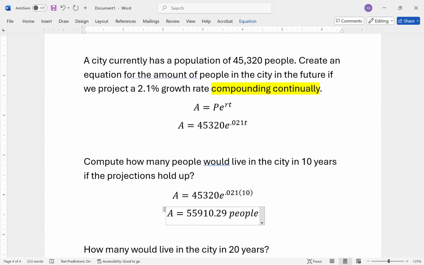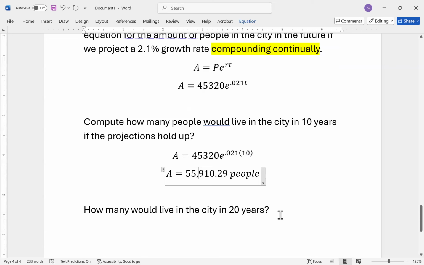Now that may be troublesome for some people for understanding because we have this question of what is 0.29 of a person. Some people would tell you to round that to the nearest whole number because we can't have 0.29 of a person. Other times, people would say this is just a projection, so go ahead and round it to 2 decimal places.